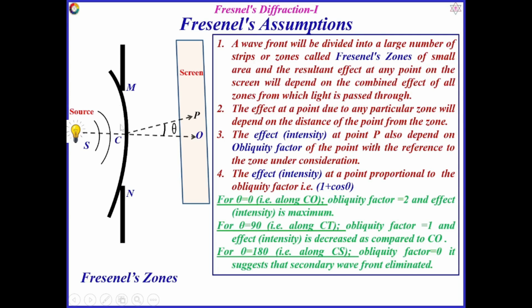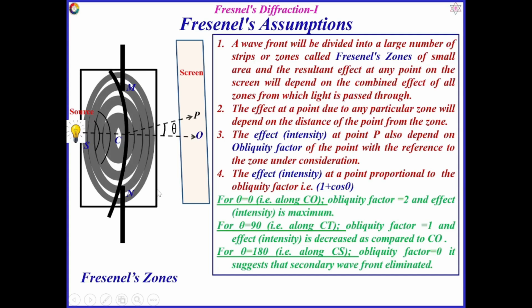So here this is your wavefront, and this wavefront is going to be divided into a large number of zones. This center bright one is your first zone, then second zone, then third, then fourth, like that. So this is the first half period zone, second, third, fourth, fifth, sixth, light zones or strips, which are called your Fresnel's zones or half period zones.